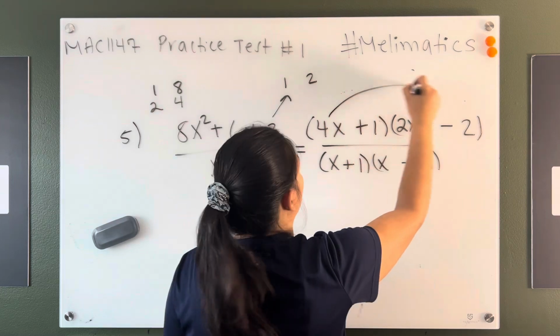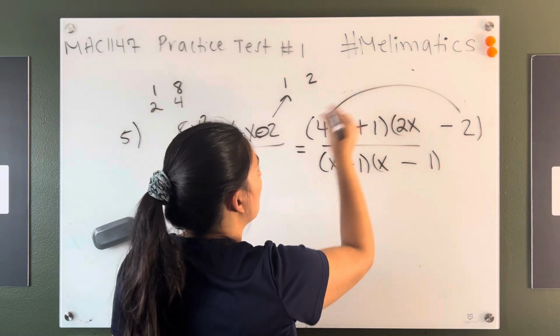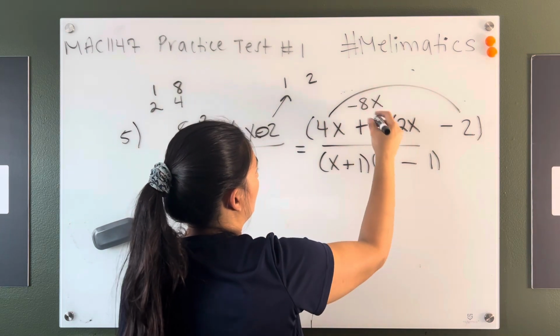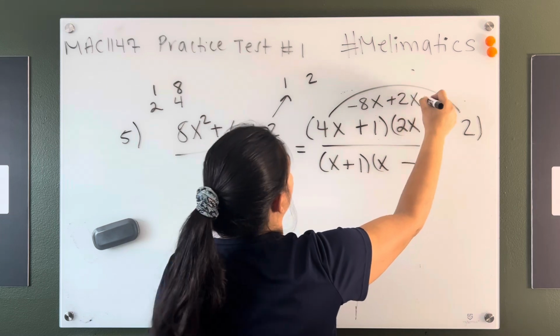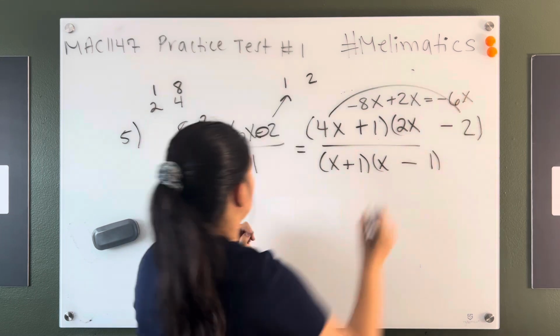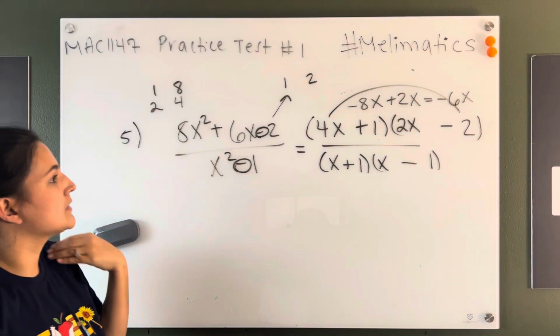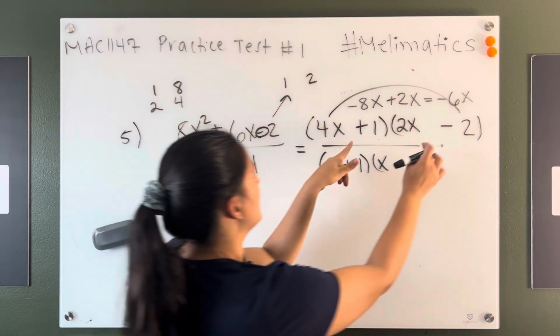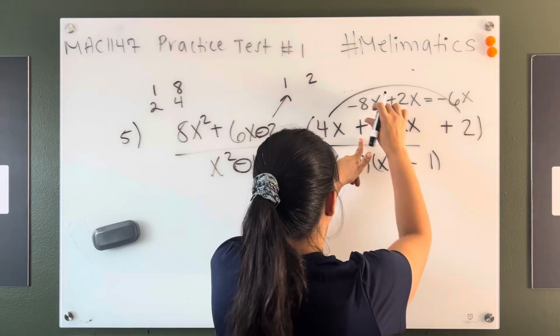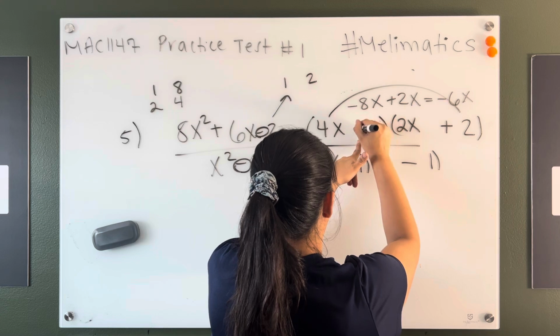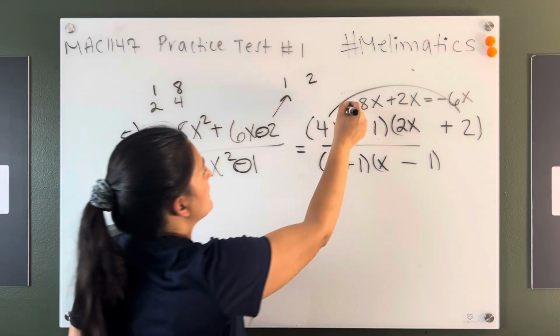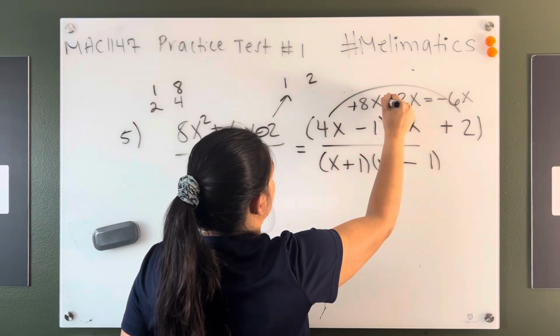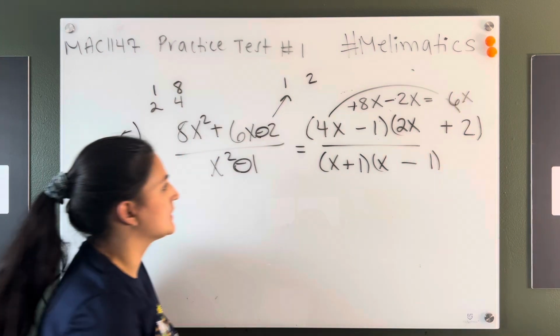So here we're gonna get negative 8x for the outer plus 2x for the inner. That's negative 6x, so that's very close to the 6x that we need. That just means that these signs have to be switched. I can leave the numbers there now, but if we switch the signs, it'll give us the 6x that we're looking for, the inside term.